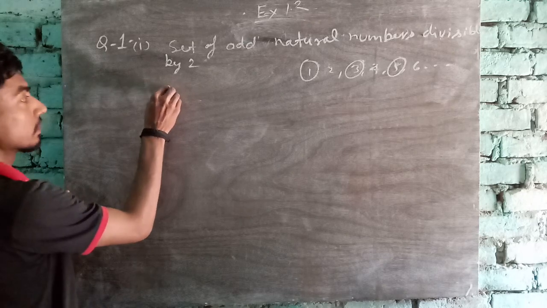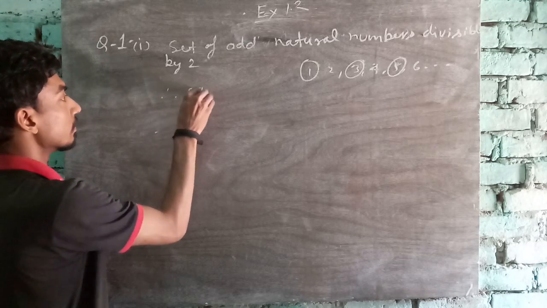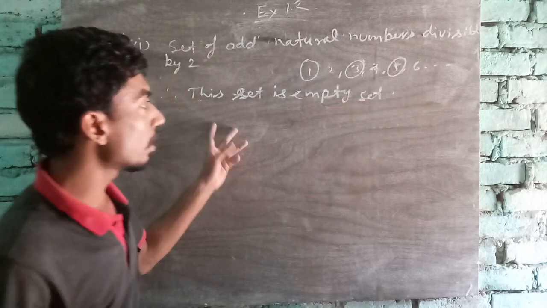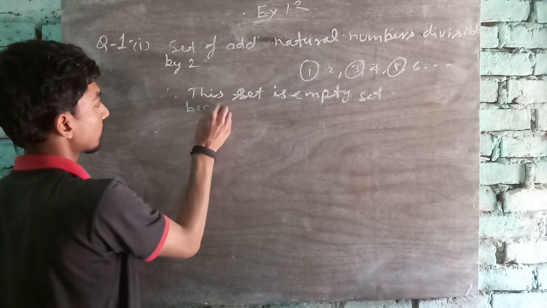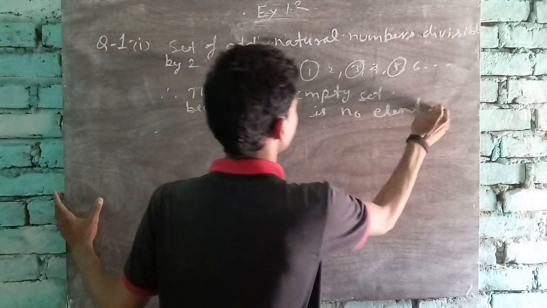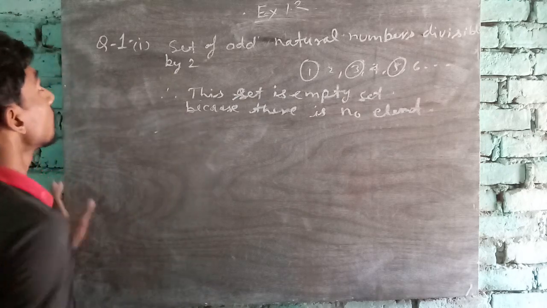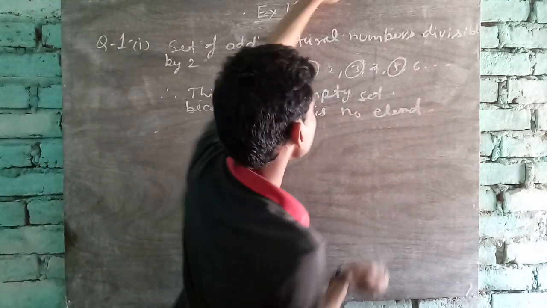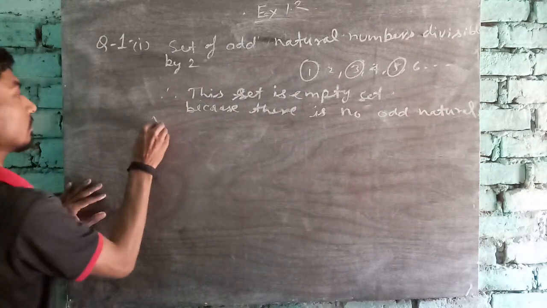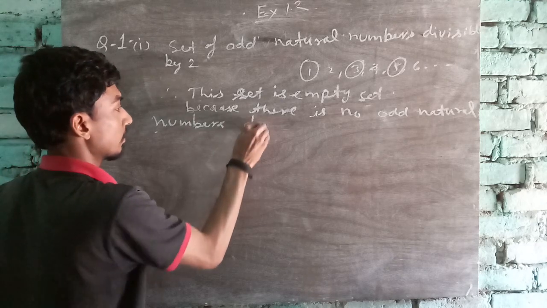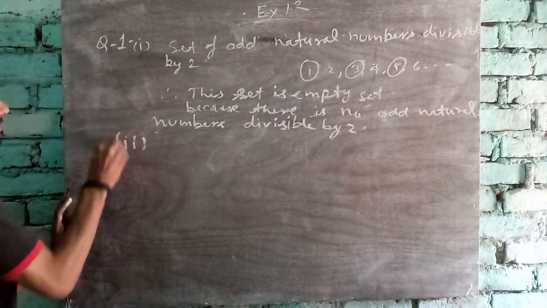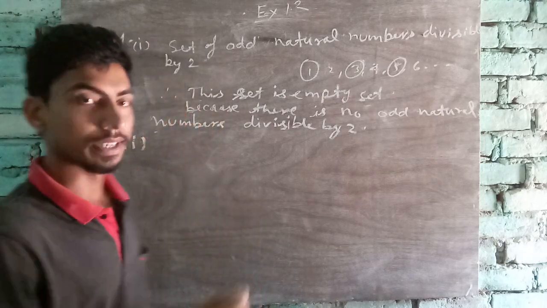Therefore this set is an empty set, because there is no odd natural number divisible by 2.